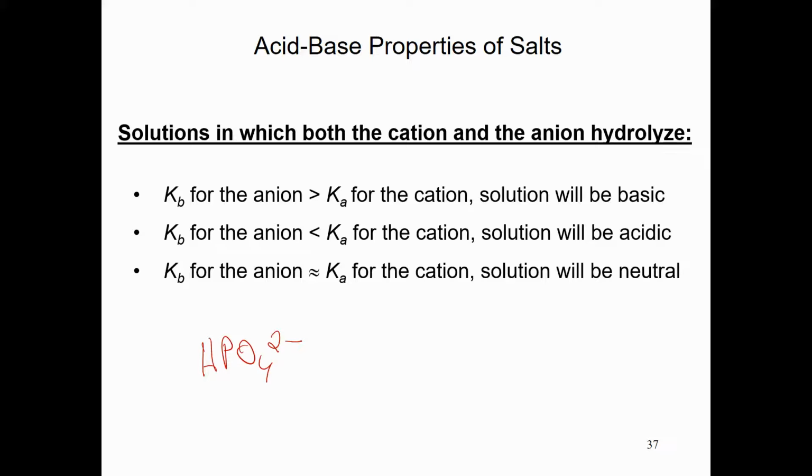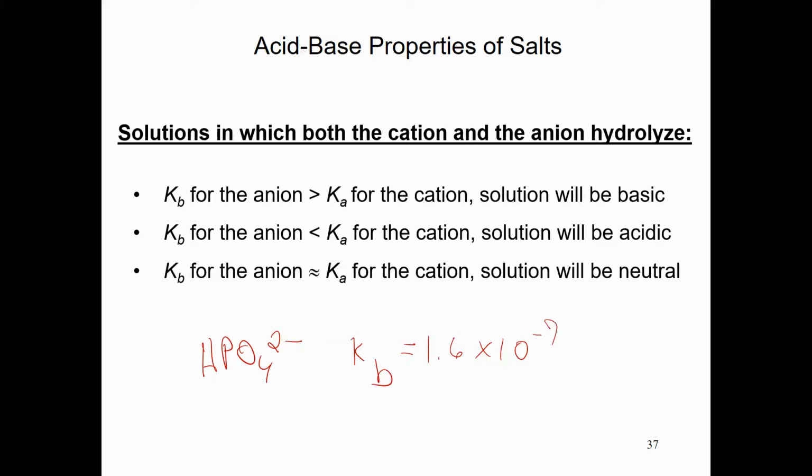The Kb for HPO4 2-, we'll look that up under our polyprotic acids. The Kb for that is equal to 1.6 times 10 to the negative 7.